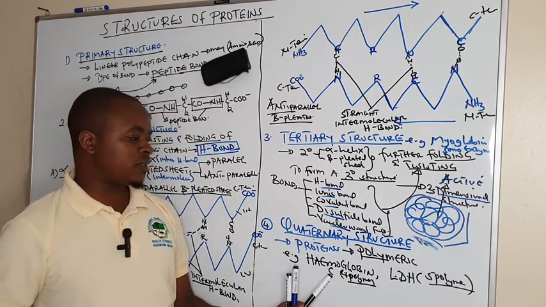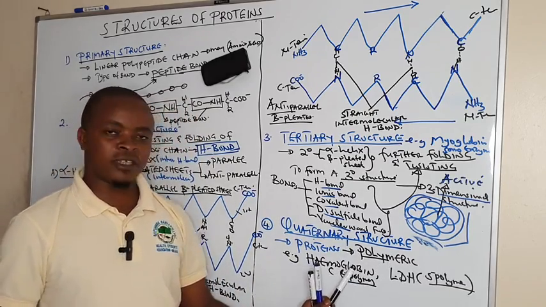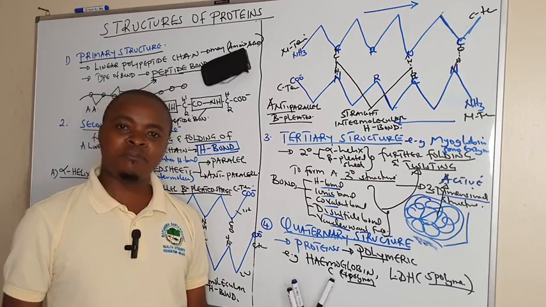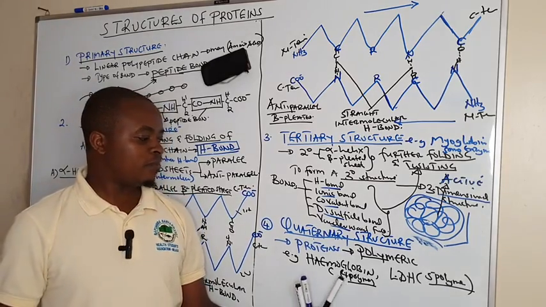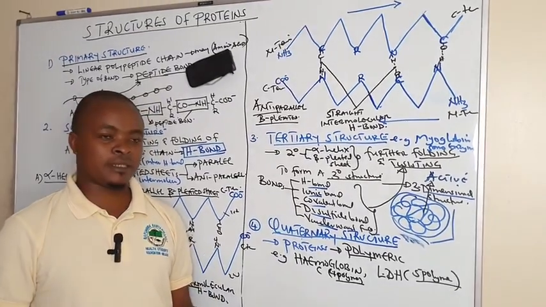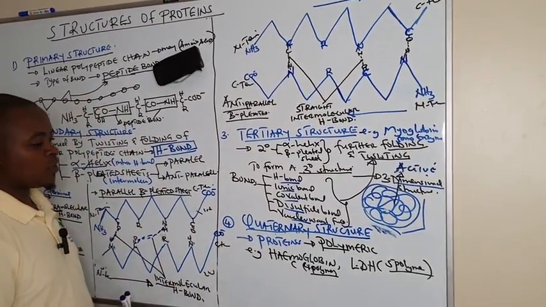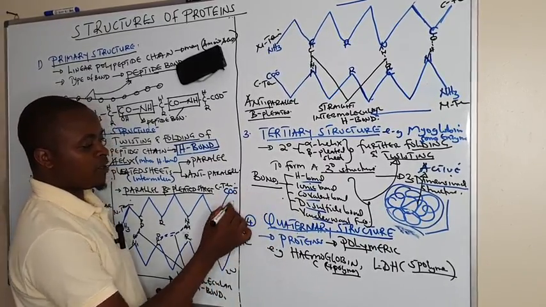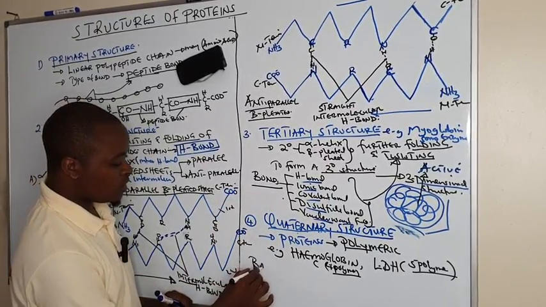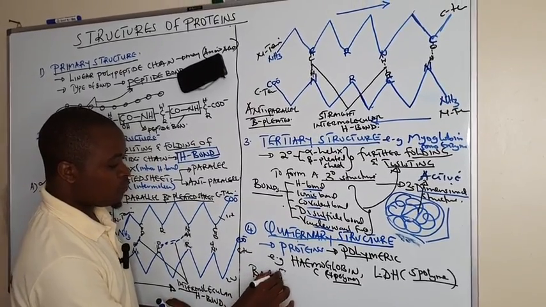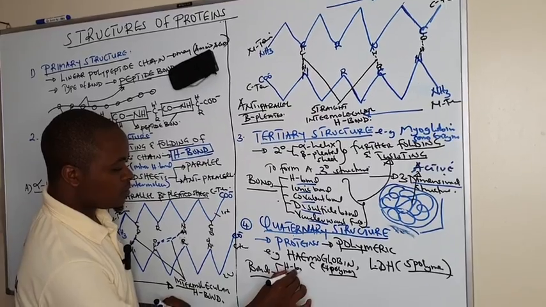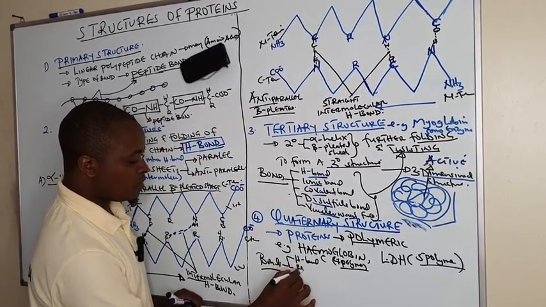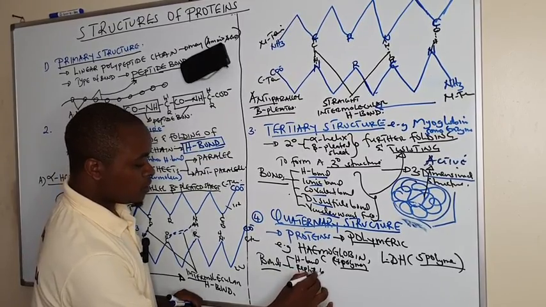These polymers, which are different, like hemoglobin with 4 polymers, are joined together by different bondings. And these bondings, as we are going to see in this video, are the same as for tertiary. The bonds which join these polymers together are still the hydrogen bonds. We have those which are covalent, hydrogen and peptide bond.